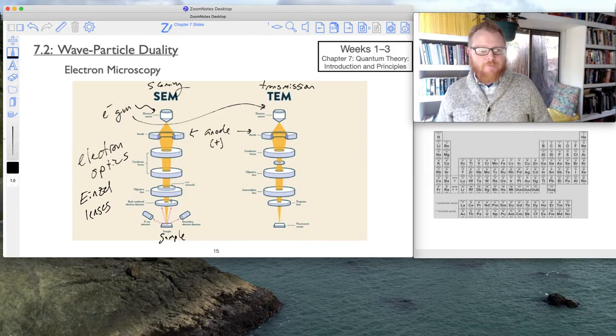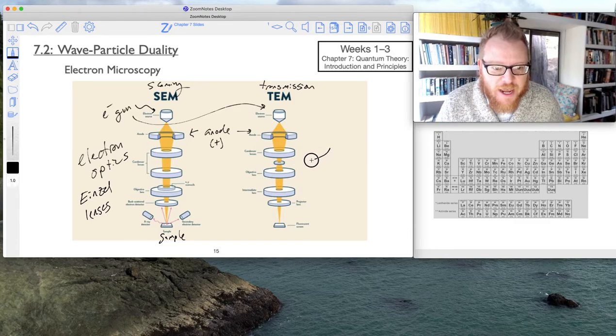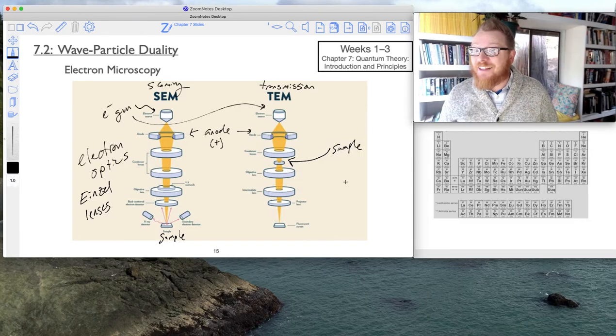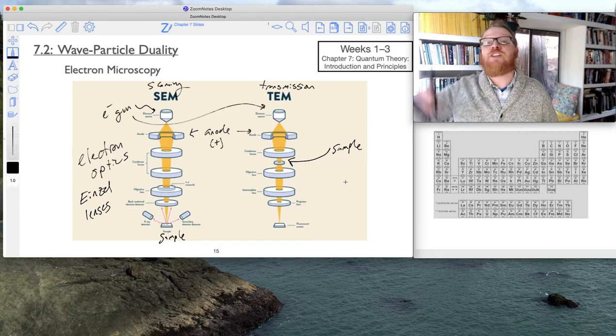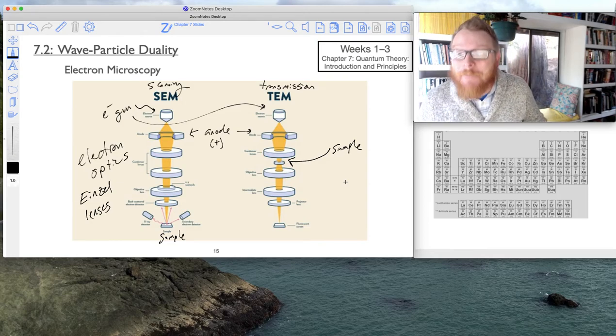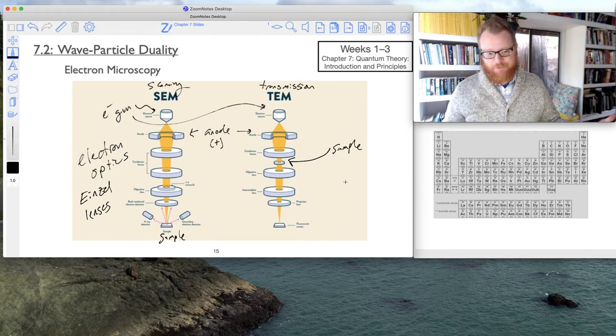In transmission electron microscopy, our sample holder is way up here. You can see this electron beam will actually transmit through the sample. It transmits through the space between atoms, which gives us a diffraction pattern, which is very cool.